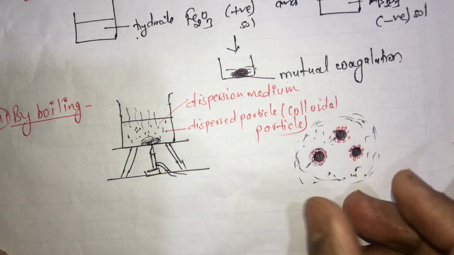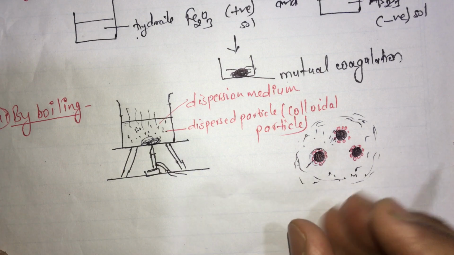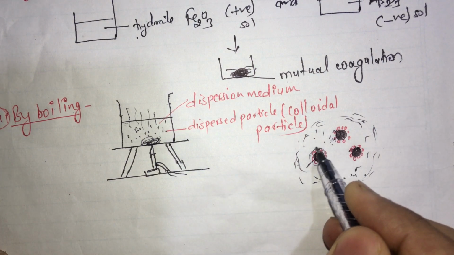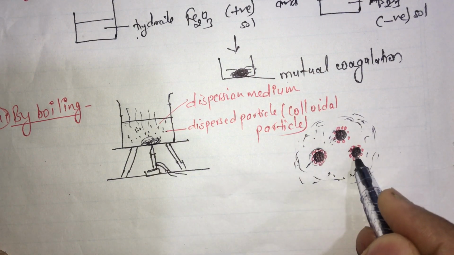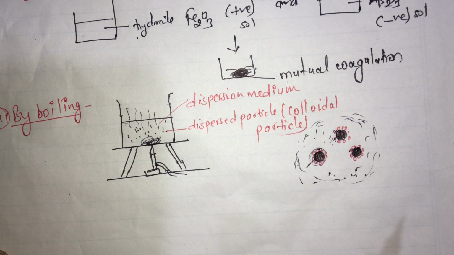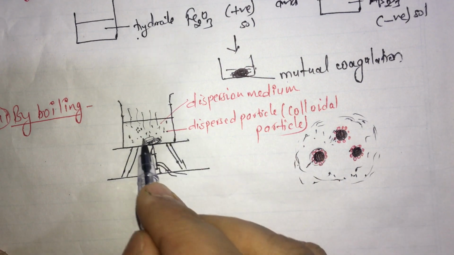This takes away the charge from the particles, so their stability gets reduced. These particles get settled down.